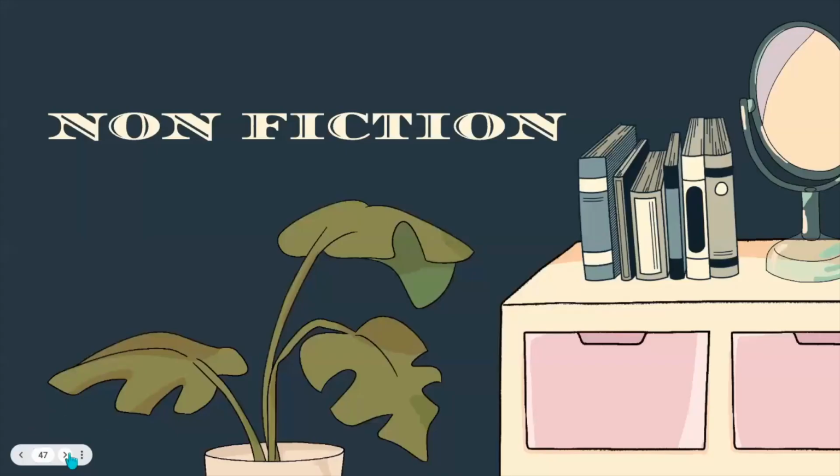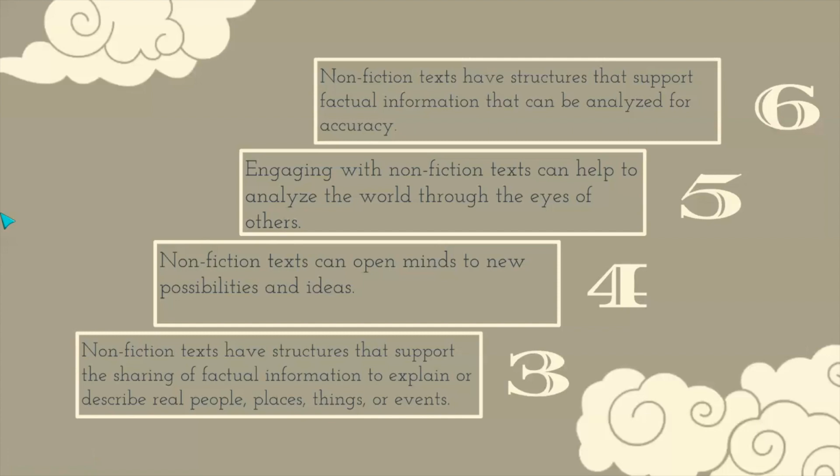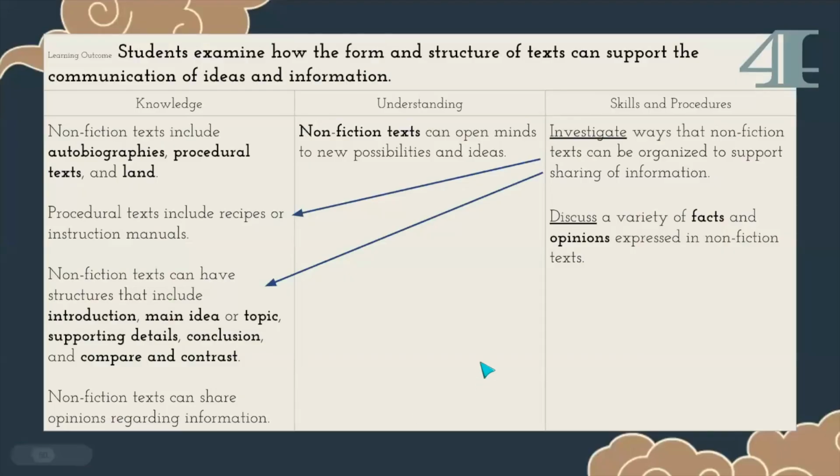Okay, so that brings us into nonfiction. Again, here's how nonfiction grows through the grades. In grade 4, our nonfiction texts include autobiographies, procedural texts, and land. So land is mentioned here as a nonfiction text.